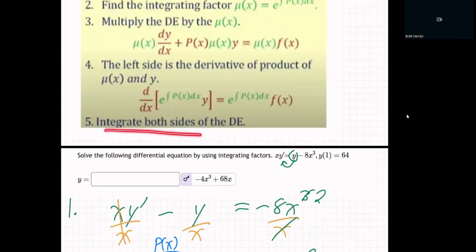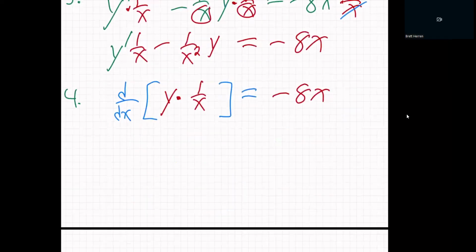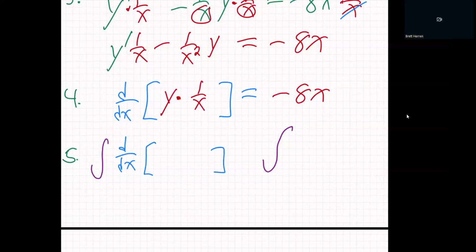Okay, now what? Integrate both sides of the differential equation. Now the magic happens. So now on step 5, we're going to integrate the left side, integrate the right side of d dx of y times x.